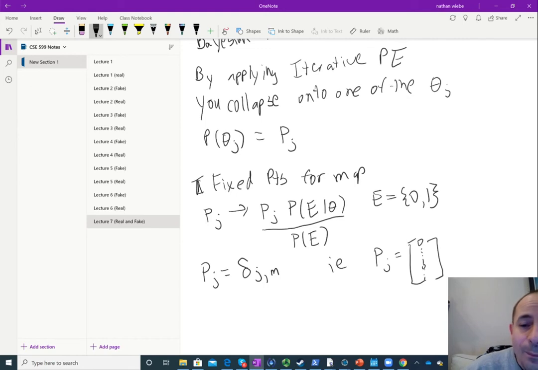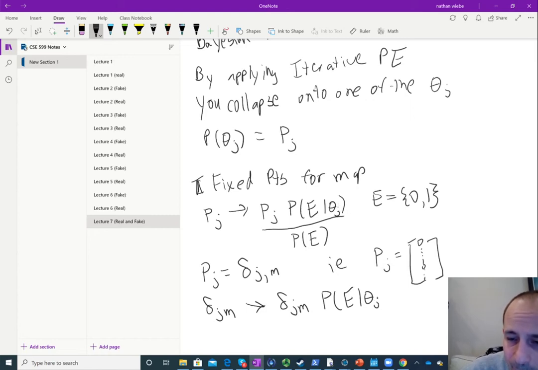Okay, so if that's the case, then what ends up happening? Well, we end up having on the left delta jm, right? And on the right, this is going to end up mapping to delta jm multiplied by some probability, p of e given theta j.